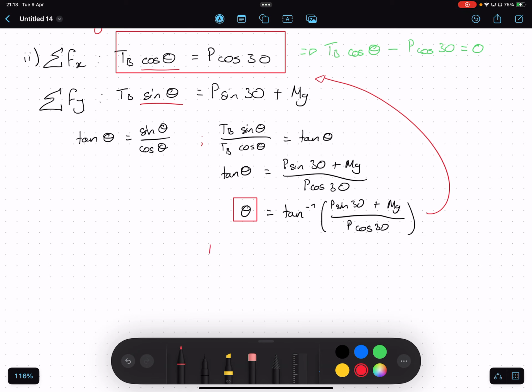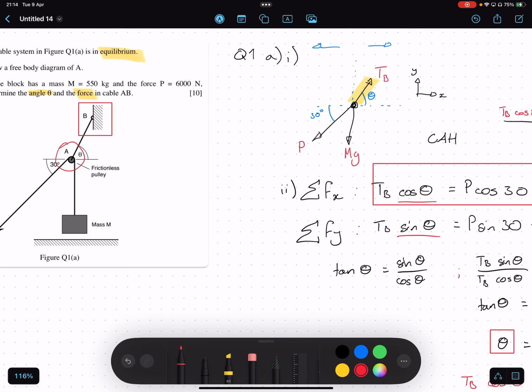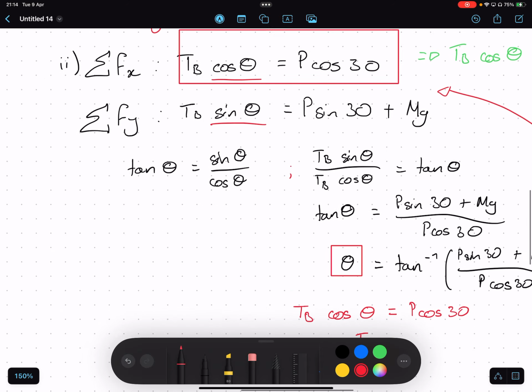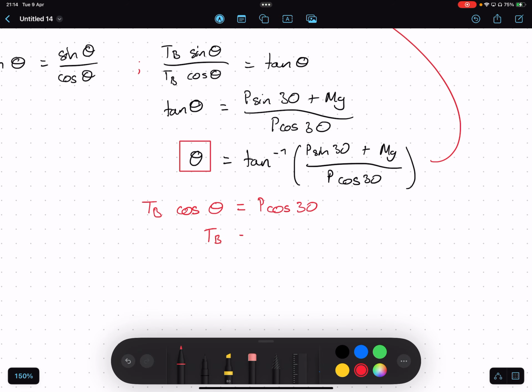So if we take TB cos and our newly found theta, and say that that is equal to P cos 30, through some clever rearranging, we can say that TB, or remember our tension from our free body diagram up here, is simply going to be equal to P cos 30 divided by cos theta.